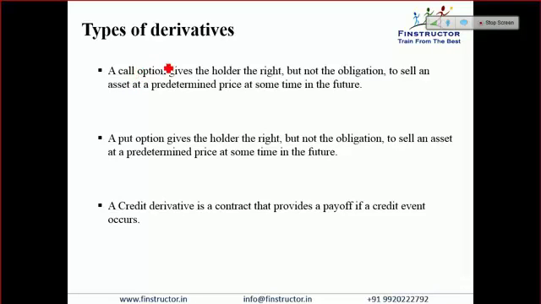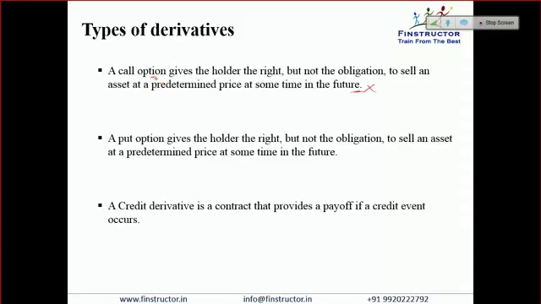Coming to contingent claims, a call option gives the holder of the option the right but not the obligation to buy an asset at a predetermined price at some time in the future. Once again, don't worry about it at this point in time. We'll understand in more detail when we come to the specific review on options.